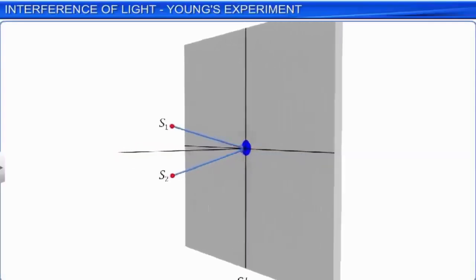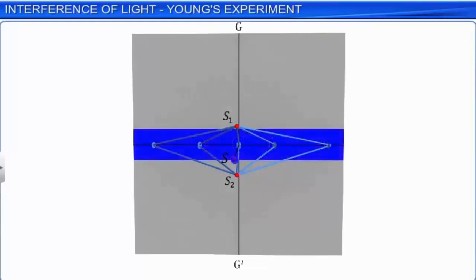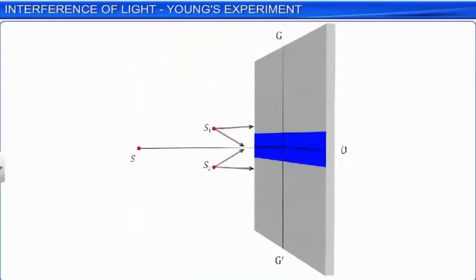All the points on this line will be equidistant from S1 and S2, and hence we will have a bright central fringe along this line. On either side of this central bright fringe, we will have dark fringes.